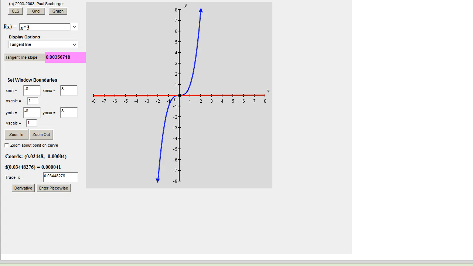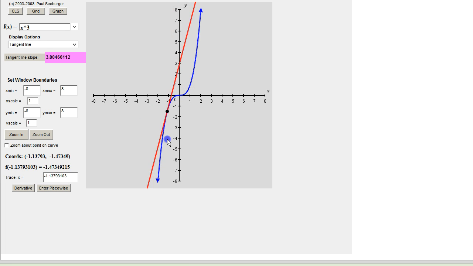Here we're looking at the graph of x cubed. Notice the function's increasing the entire time, but the concavity definitely changes here at x equals 0. We see it's bent downwards and then it changes to becoming bent upwards. The first derivative is positive for all non-zero x values, but notice for negative values, as x is increasing going from left to right, the first derivative becomes less and less positive.